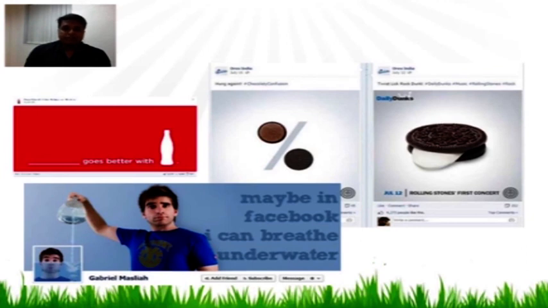Even in this page, that Facebook cover page really catches your attention because he's just done something very interesting out there, and the copy connects with the visual. Even that is important. The kind of content that you put has to connect with the visual that you put in, otherwise it won't make sense. So he's written maybe on Facebook, I can breathe underwater, and he's shown it in his visuals in his own style. Very interesting. About that, out there on Coke, it's very minimal, but it does its job.